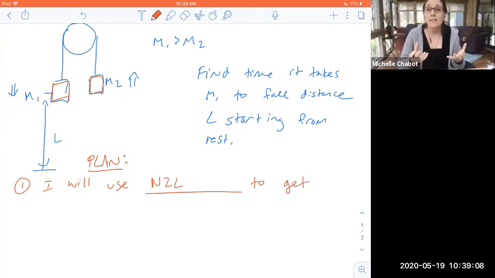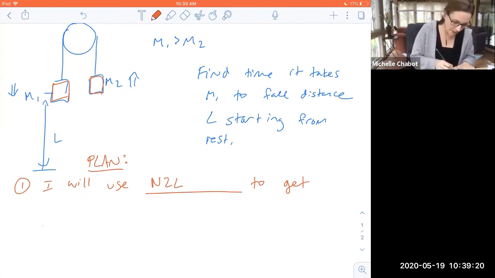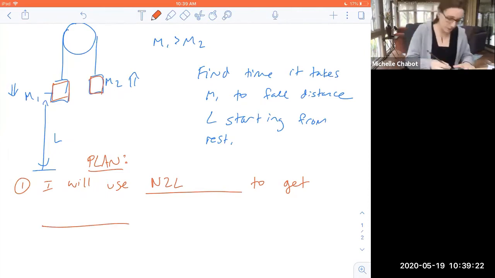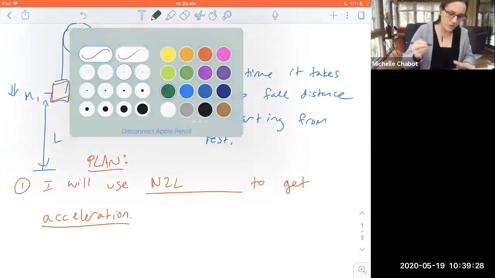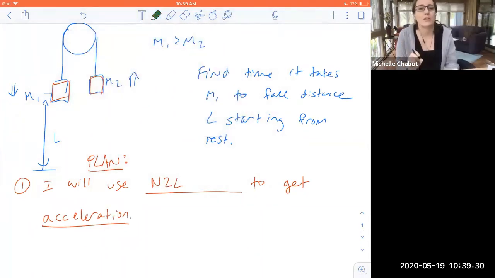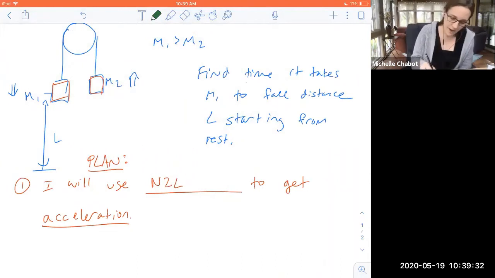With Newton's second law, very often the goal is to get acceleration, because you want to figure out the acceleration of a system given insight into the individual forces. So I will use Newton's second law to get, and then you fill in this blank. In this case, it would be to get acceleration. That would be our first step, because the problem didn't ask for acceleration, it asked for the time.